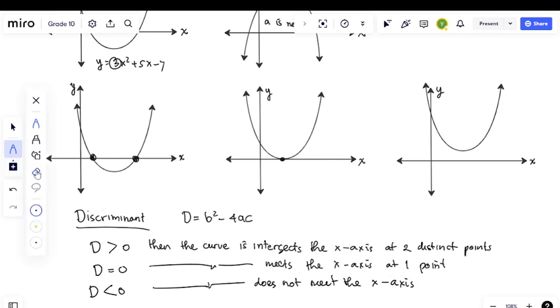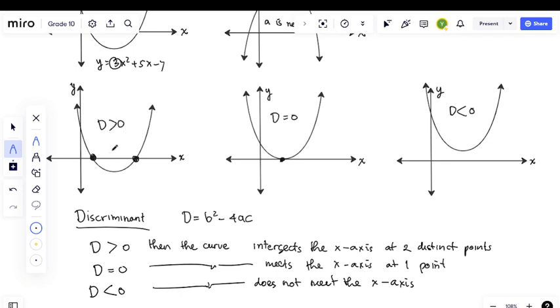Oke ya. Jadi kalau misalnya diskriminannya lebih besar dari 0, maka kurvanya bakal memotong sumbu x di dua tempat. Tapi kalau sama dengan 0, hanya di satu titik saja. Tapi kalau diskriminannya lebih kecil dari 0, maka kurvanya tidak kena sumbu x.